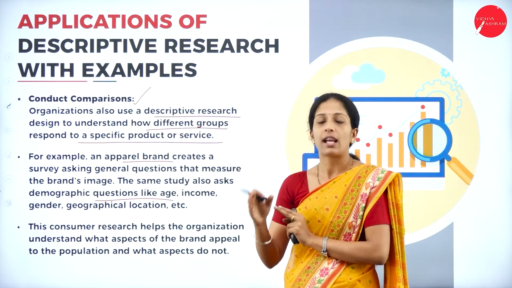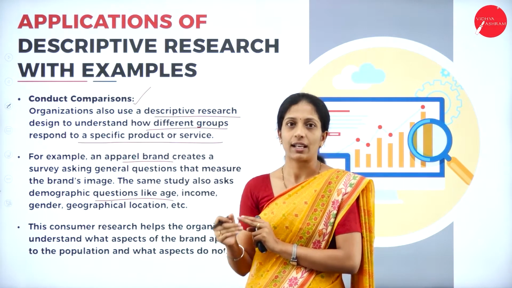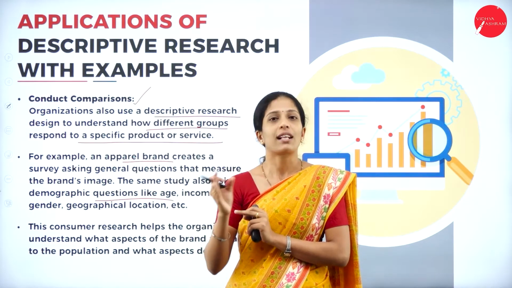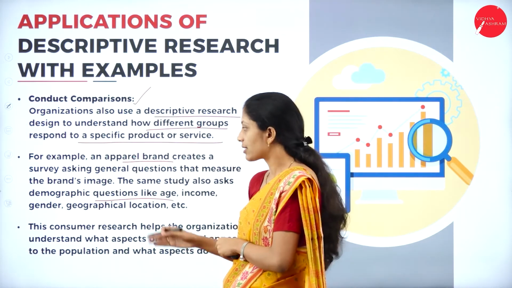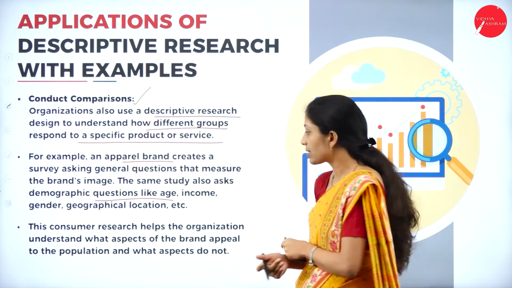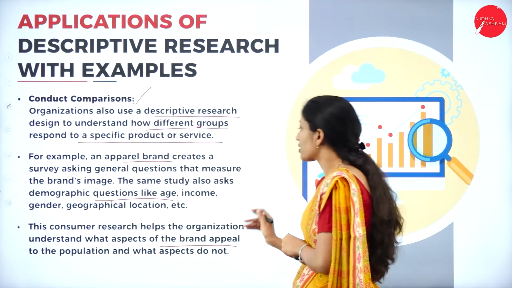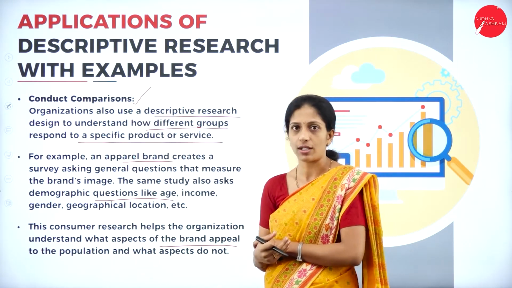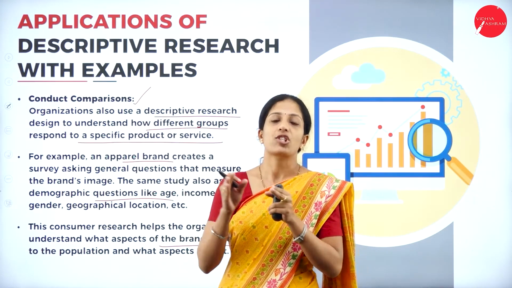For example, the youngsters may like motorbikes. In the same way, children may like bicycles. So, like that they can make the comparisons. This consumer research helps the organization understand what aspects of the brand appeal to the population and what aspects do not. So, this type of comparison can be made.